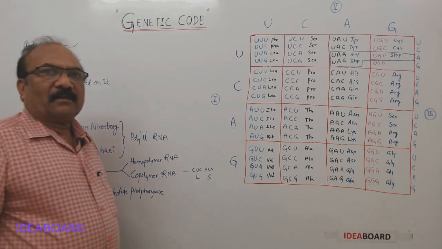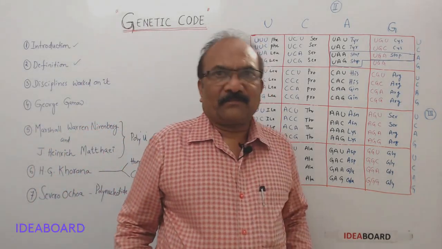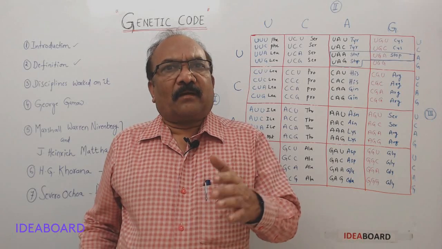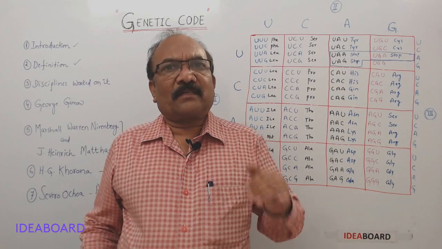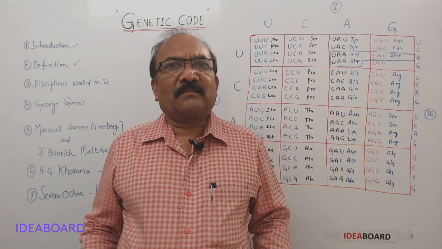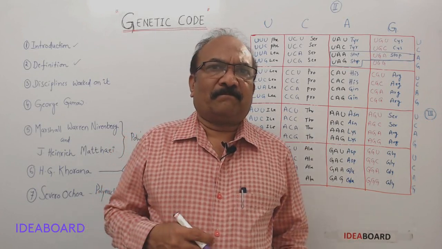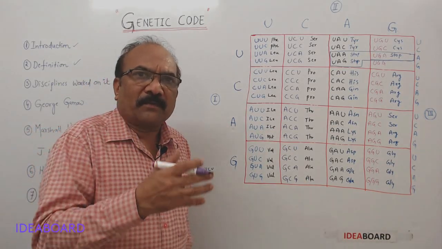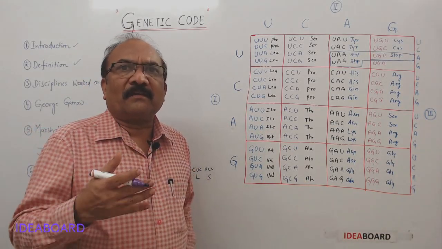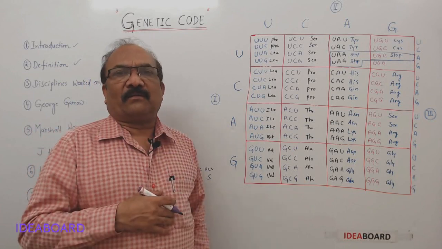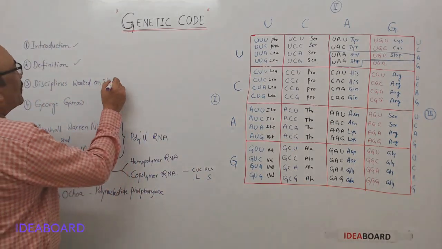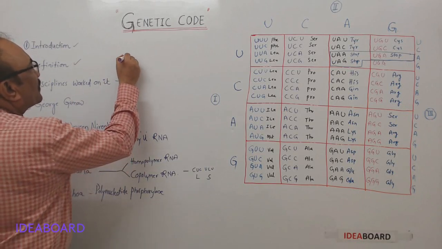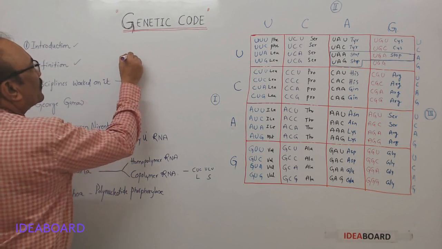And remember that proposing the genetic code and also deciphering the genetic code was a challenging task, and many disciplines were involved in deciphering it. What are the branches of science or scientists involved here?